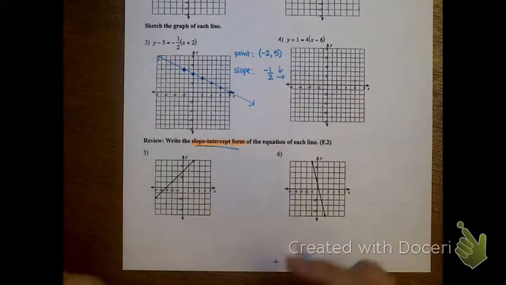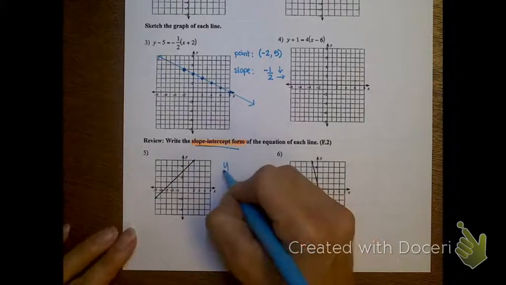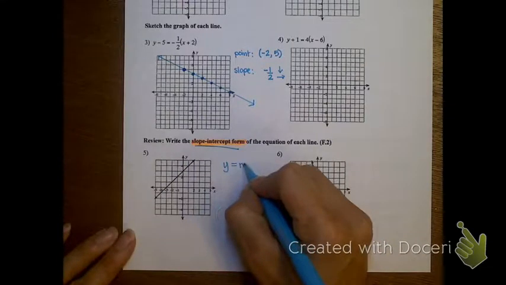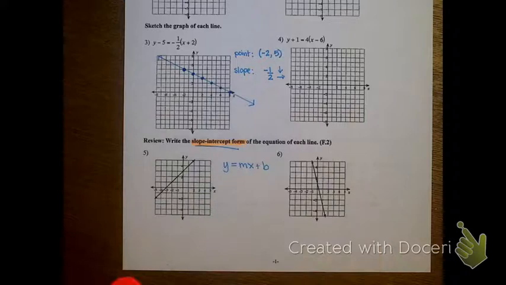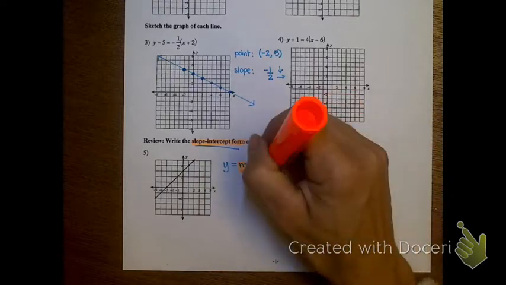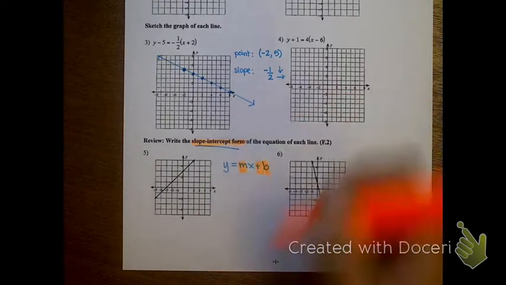So remember what slope-intercept form looks like. It looks like y equals mx plus b, right? That's slope-intercept form. So in order to write the equation in slope-intercept form, I need to know what the slope is, and I also need to know what the y-intercept is, right?